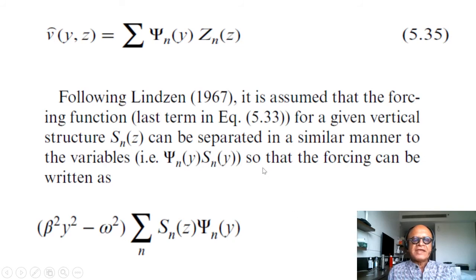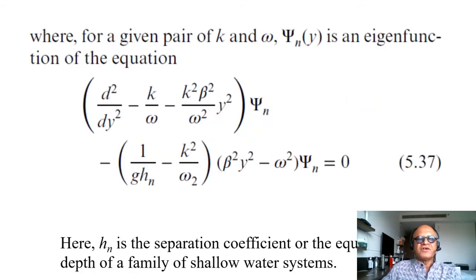So you can now write the forcing as beta squared y squared minus omega squared, intrinsic frequency, times S n Z times psi n y. So again, the forcing term also has a vertical and meridional function. Okay, so this should be S n y. So this itself is split into its own meridional structure and vertical structure.